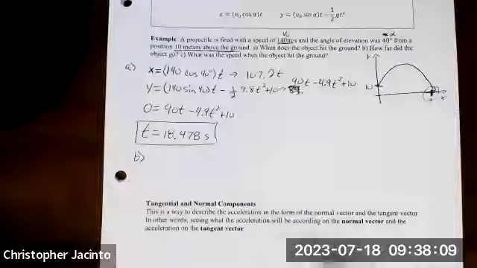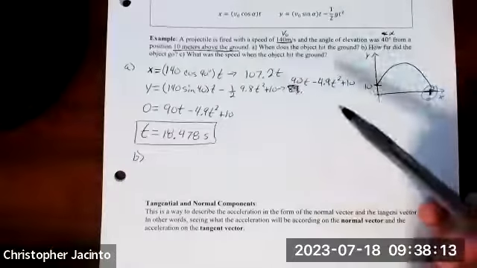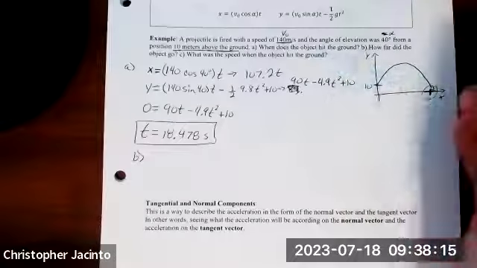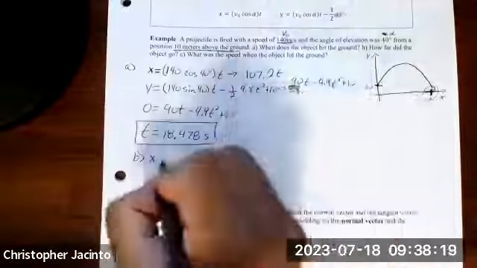And therefore, now for B, how far did the object go? Well, that's the x component. So we want to figure out how far it went. All I have to do now is plug in t equaling that.